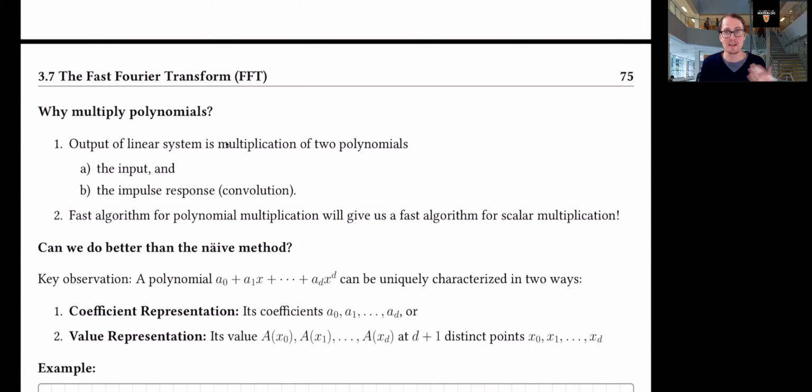You may have seen this in ECE406, for example, where we take the input and the impulse response, and we take a convolution of the impulse response with the input in the system, basically. And then the other one, which maybe is more important for us, is that it will actually provide a fast algorithm for scalar multiplication. So this is for n-bit numbers.